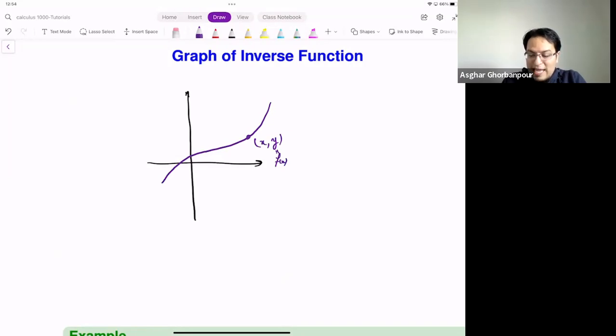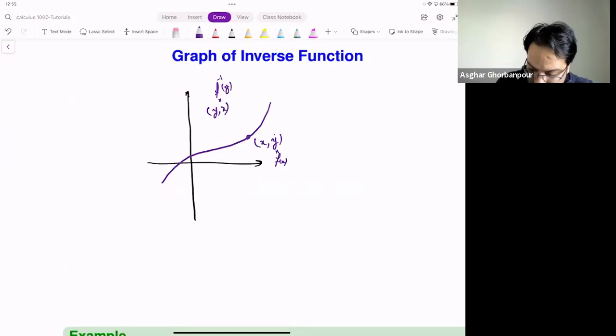Now, f inverse does the other way around. It takes the output of the function and spits out what was the first component that gave you that output. In other words, this is f inverse of y.